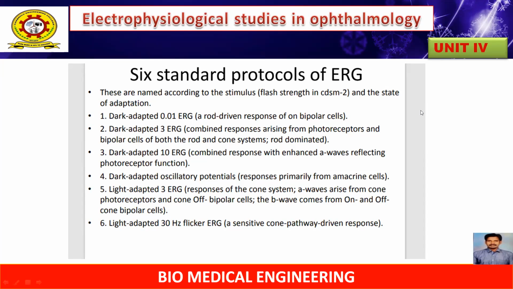So during this case, combined response arising from photoreceptors and bipolar cells of both the rod and cone system. That is the meaning. So combined response arising from the photoreceptors and bipolar cells of both rod and cones.